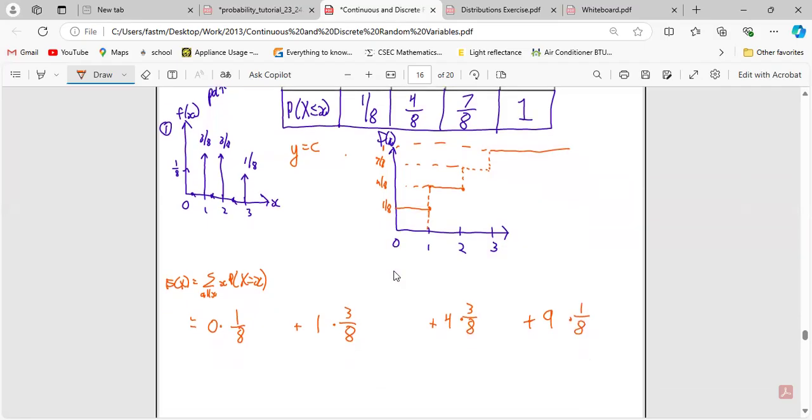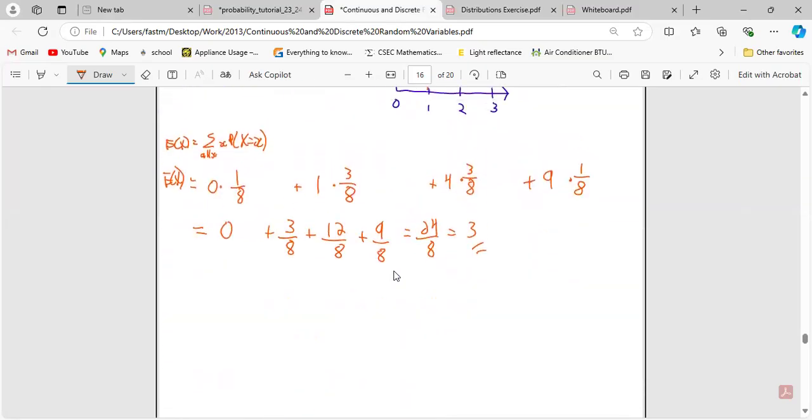Kind of like adding all those up: the 0, the 3 on 8. This here is 12 on 8, because 4 times 3 is 12, and this here is 9 on 8. So 12 plus 9 is 21, 21 plus 3 is 24, and 24 divided by 8 is 3, I believe. So there's the expectation.